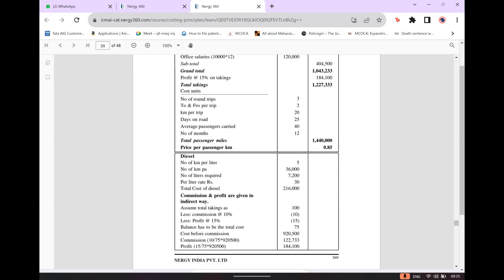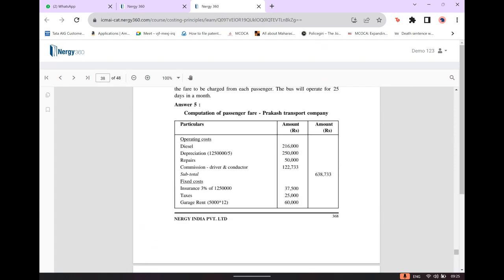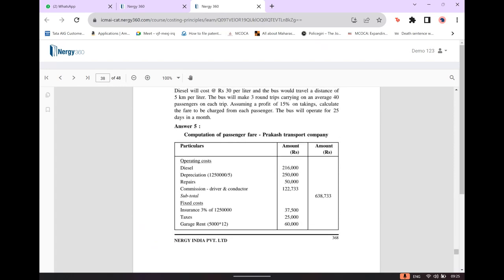Please refer to it. So I've given you how to calculate the number of kilometers and all that per annum. So we'll see the operating cost, diesel cost calculated, working note one.